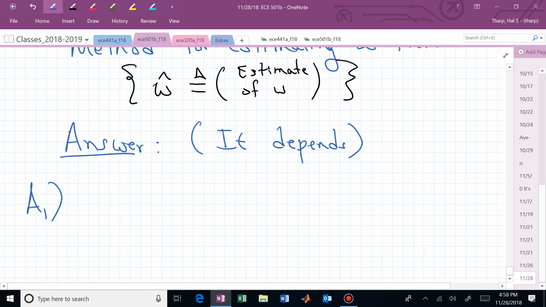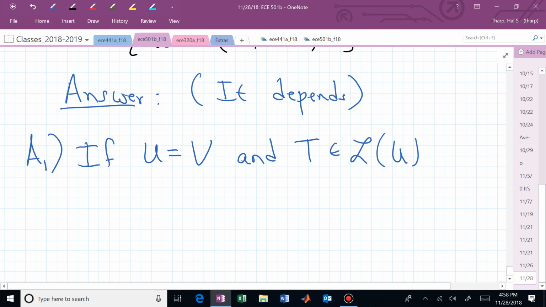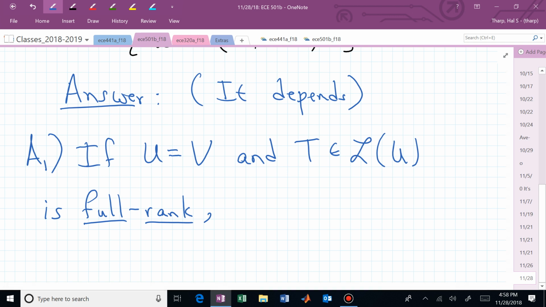Answer 1, A1: let's say that our input and output vector spaces are the same, and that means that T is a linear operator on U, and let's say that that linear operator is in fact full rank, meaning all of the columns are linearly independent in the operator T.